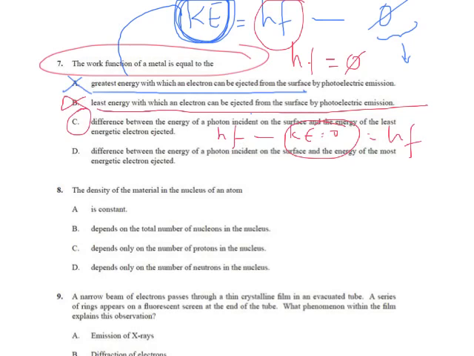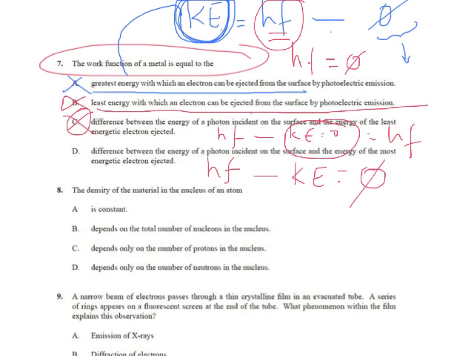So let's have a look at D. That's not C. D, the energy difference between the energy of the photon, hf, on the surface, and the energy of the most energetic electron. So could it be hf minus the energy of the fastest electron? Well, if we look at the equation above, hf minus KE does in fact give us the work function.